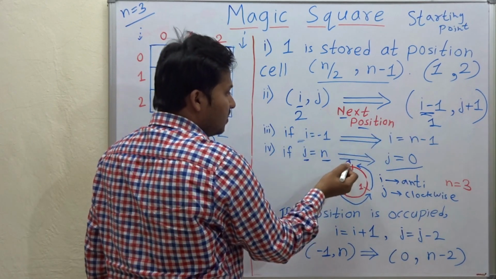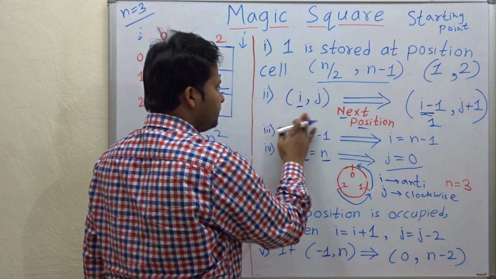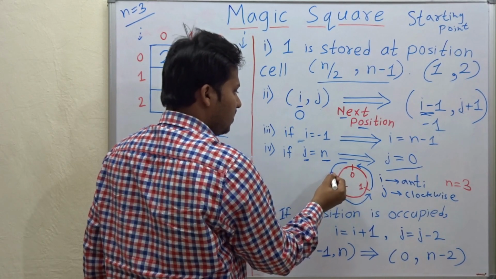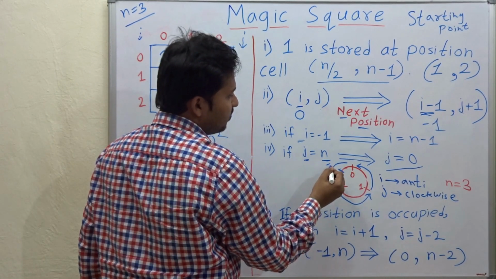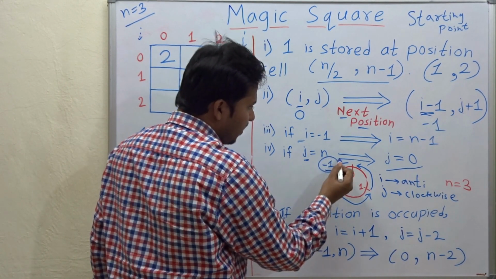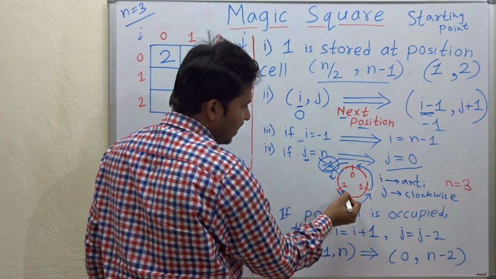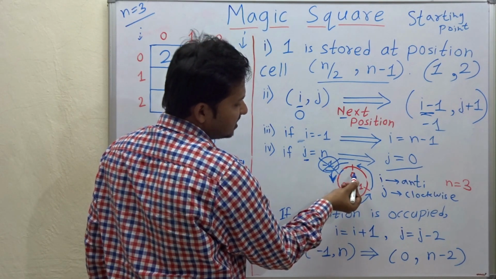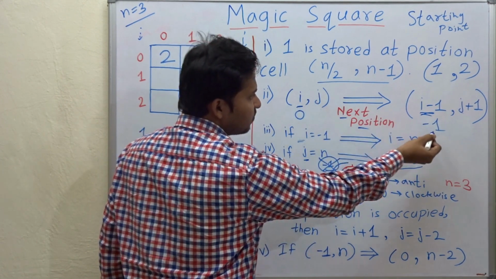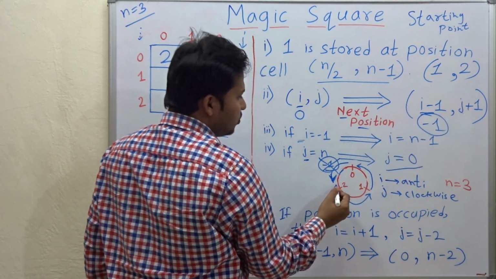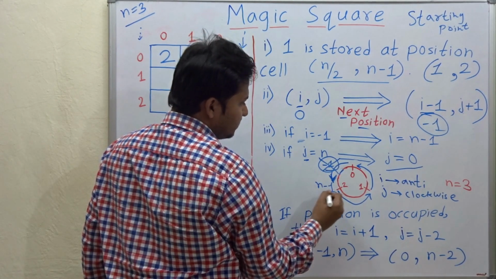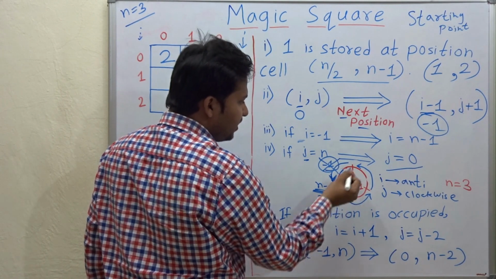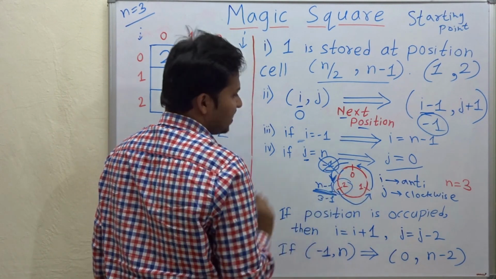Now if i is 0, then the next value will be minus 1, but minus 1 is not present, so it will be wrapped into the next value in the anti-clockwise direction. So after 0, the value of i will be minus 1, but it will be wrapped into n minus 1. What is n? 3. 3 minus 1 is 2. So it will be 2, the next value in the anti-clockwise direction.